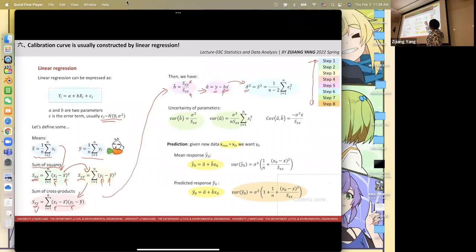And we can use this equation to estimate the variance here. So to calculate this, we want to know the value of eta. So basically, we just have the eta 1, eta 2, eta 3, square them, sum them up and divide it by n minus 2. So to calculate eta, we will use this equation.